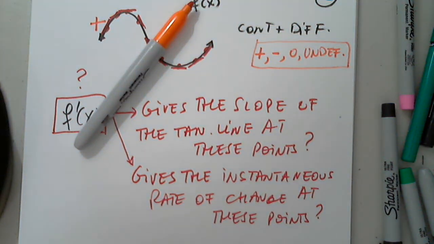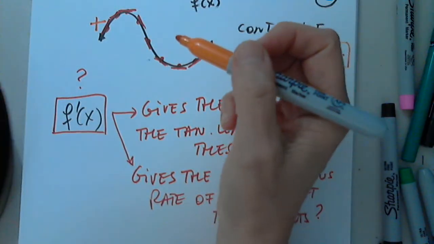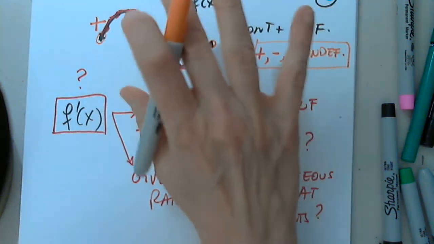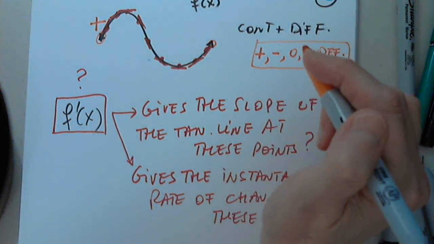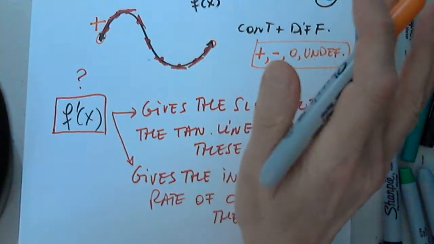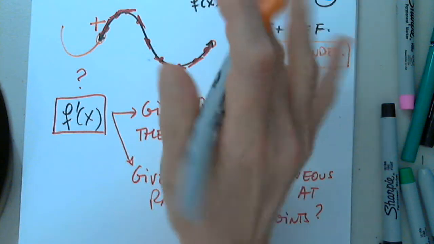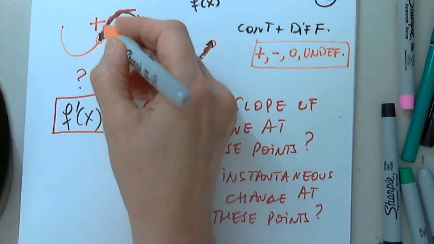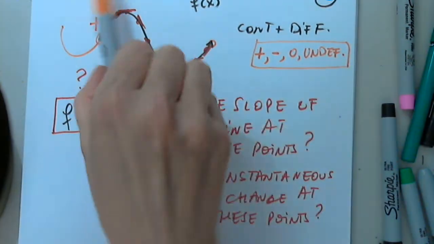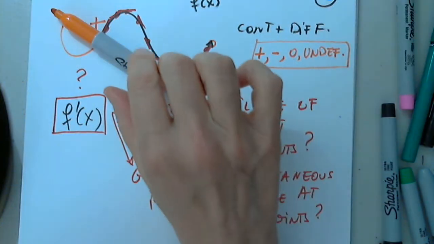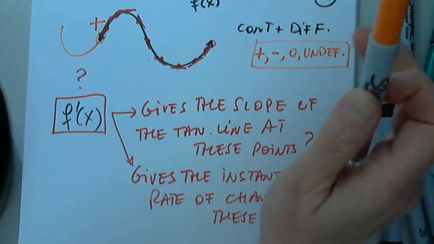It has nothing to do with the arrows, nothing to do with end behavior. The slope of this line is positive because the line is like this and not like this. It has nothing to do with the end behavior, where the function is going or anything else.